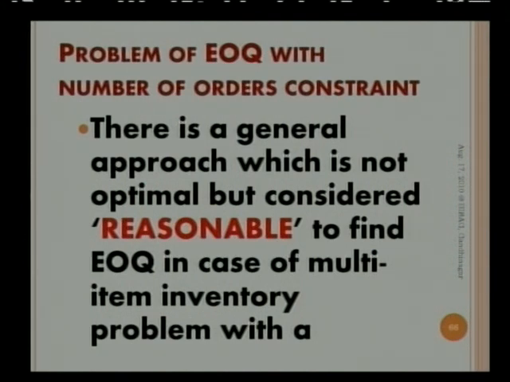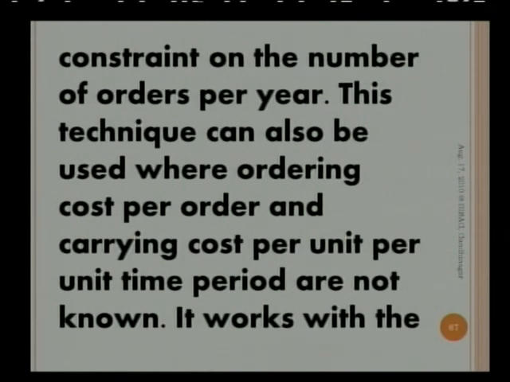No doubt we won't have an optimal solution, but we can consider a reasonably good solution, which in maths or operations research we say is the most favorable or suboptimal solution, to find EOQ in the case of a multi-item inventory problem with a constraint on the number of orders per year.